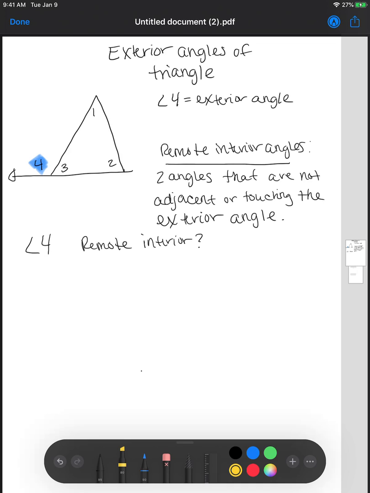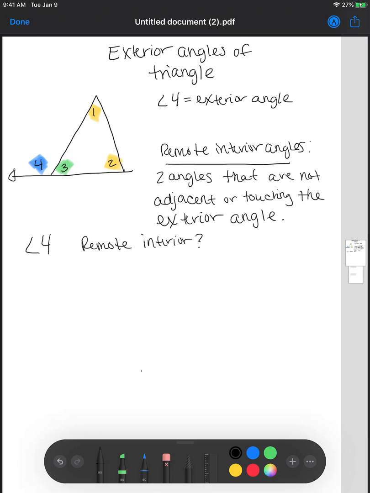Let's highlight the ones that aren't adjacent or touching the angle. So angle 1 and angle 2 are nowhere touching or close to angle 4. Angle 3 is an adjacent one, it's touching. Angle 3 is right here. That would not be 1. So it's always going to be that the two outside, the ones that are not connected to the angle, are going to be the remote interior.